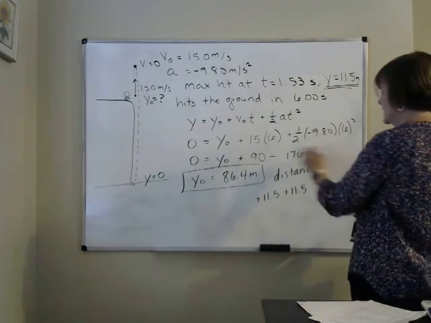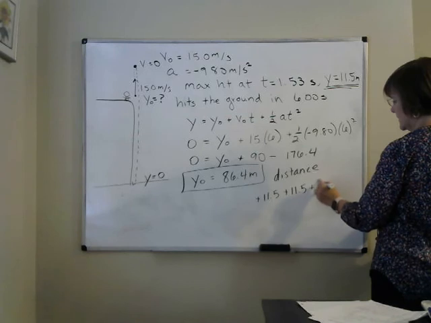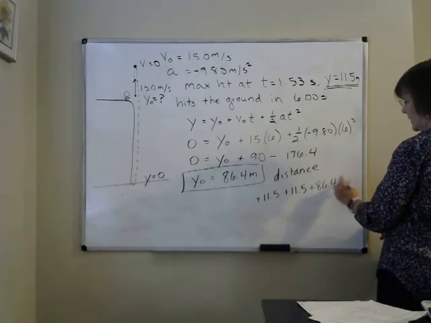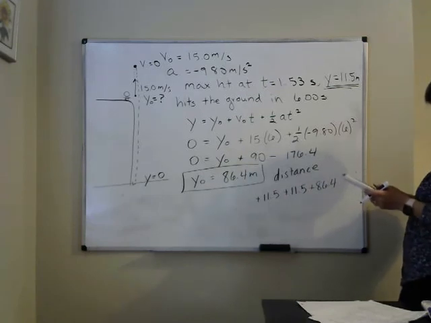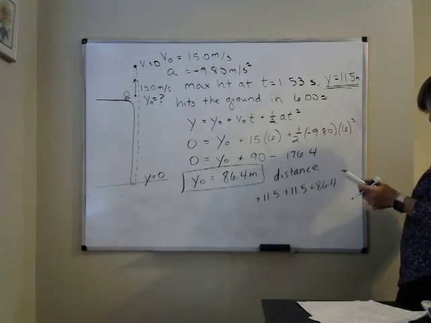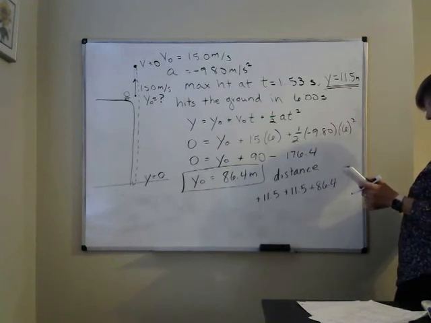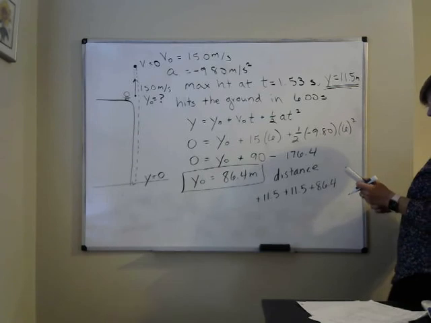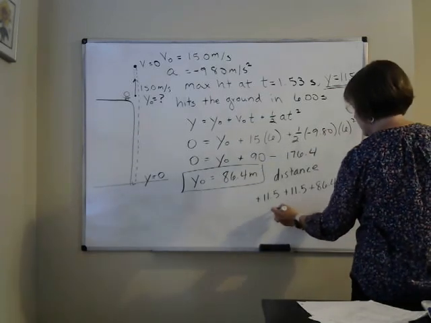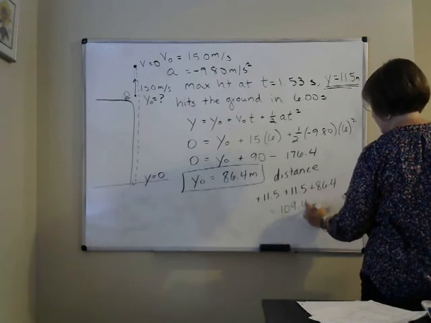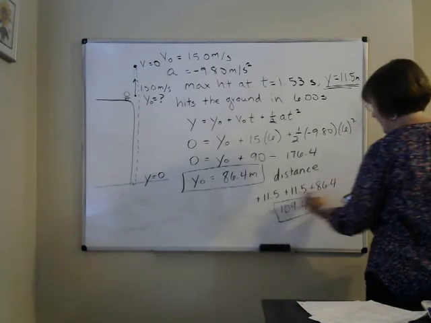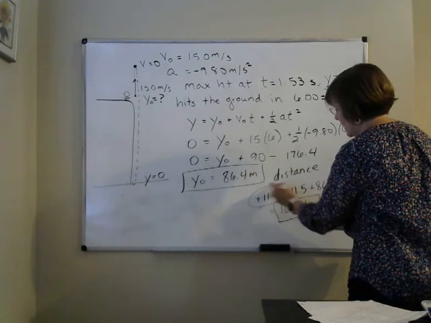And then it went down another 86.4. 11.5 plus 11.5 plus 86.4. It traveled a distance of 109.4 meters.